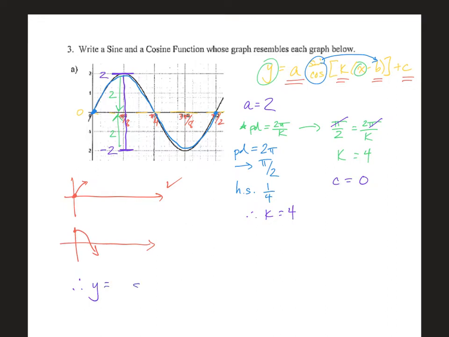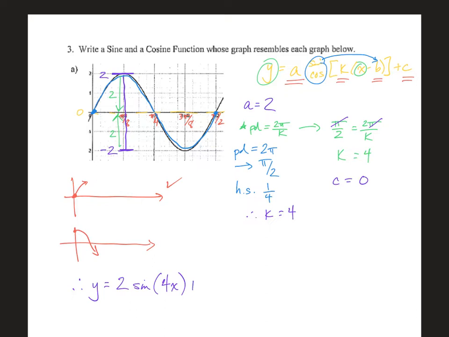Okay, so if I build a sine graph, then I need to have an amplitude of 2. I then need to have a k value of 4. But because I chose my sine curve, which is where my graph normally begins, in the middle, then I do not need a phase shift at all.